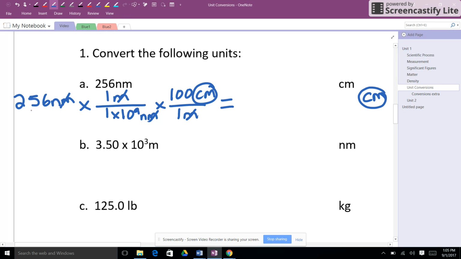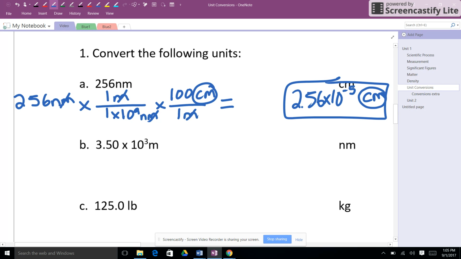You could also take 256 and divide it by 1 times 10 to the 9th first, and then multiply by 100. When multiplying and dividing, the order of operation isn't going to matter here. So we end up getting 2.56 times 10 to the negative 5th centimeters. And that would be our final answer.